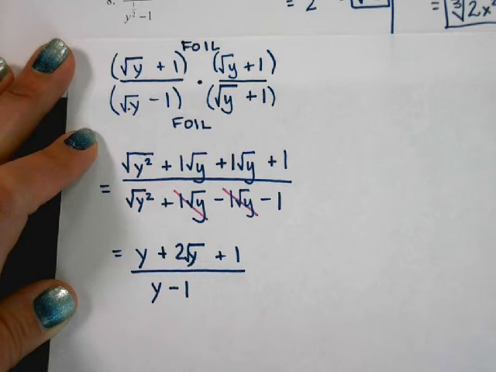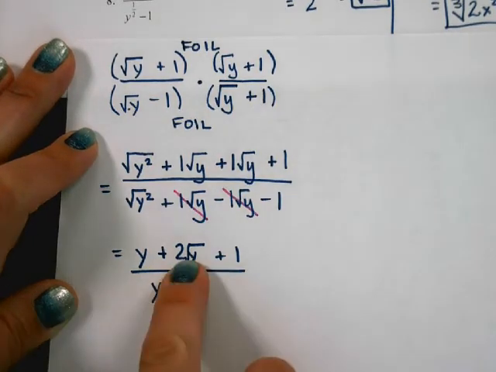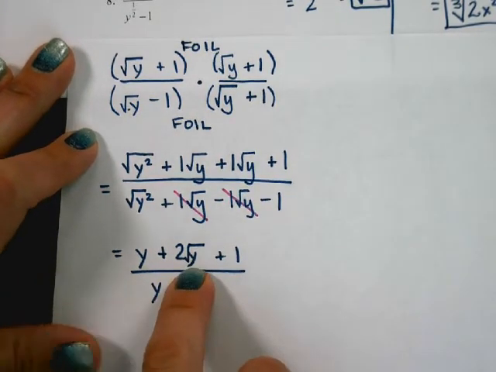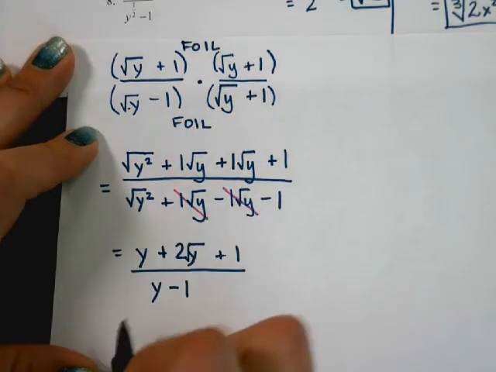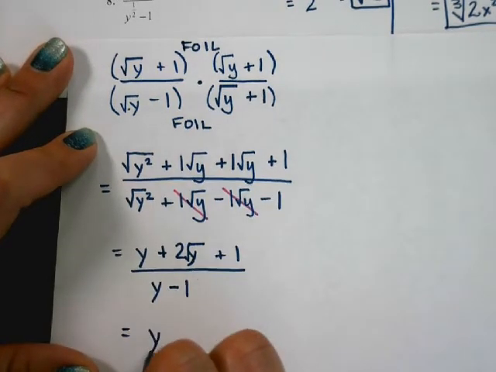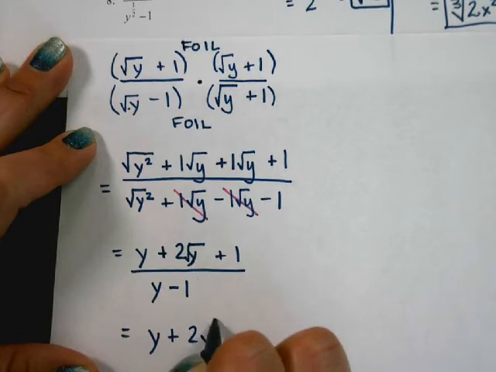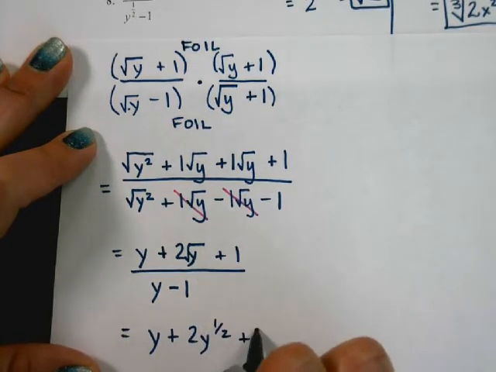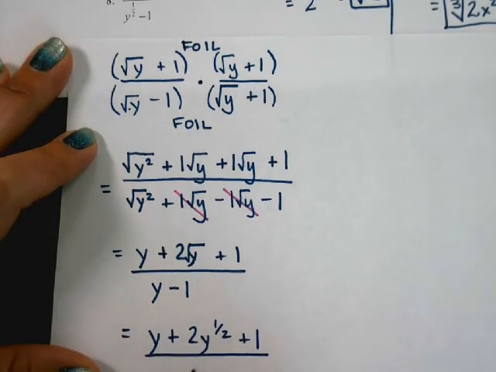That's why we have to rationalize. So this guy right here, weird, is the only guy that needs to be changed forms. So there's a 2 out front. So this guy becomes y plus 2y to the 1/2 plus 1 all over y minus 1.